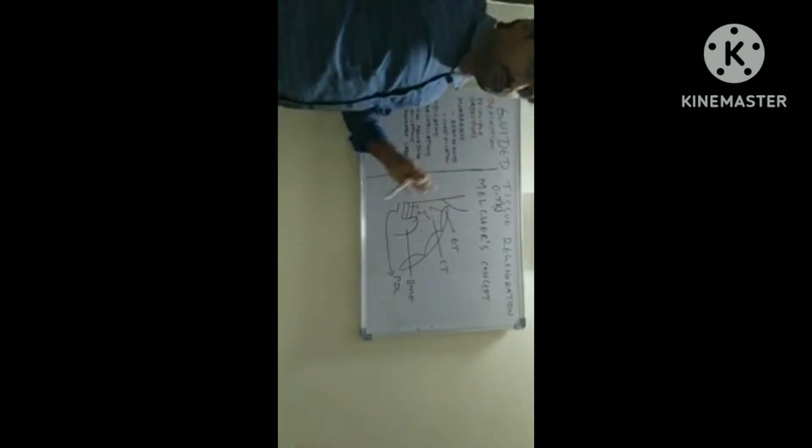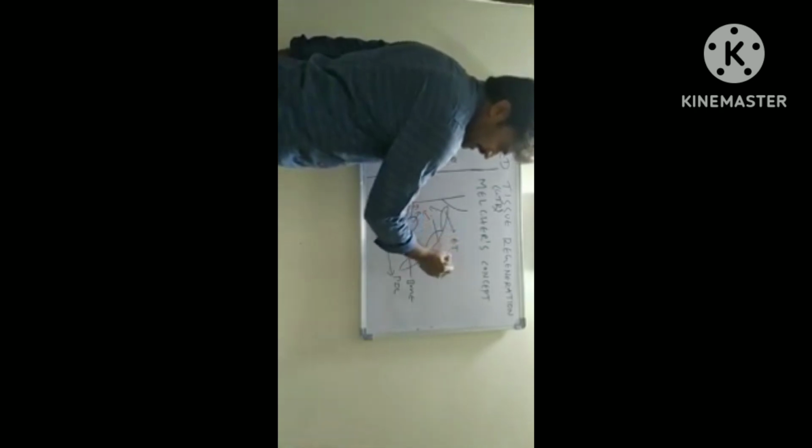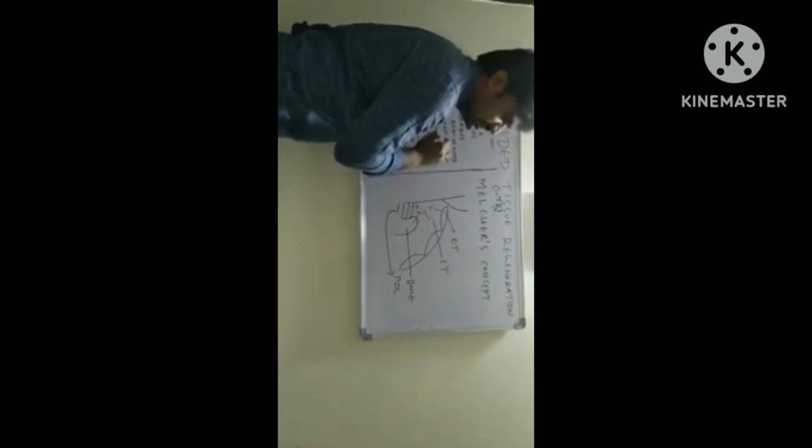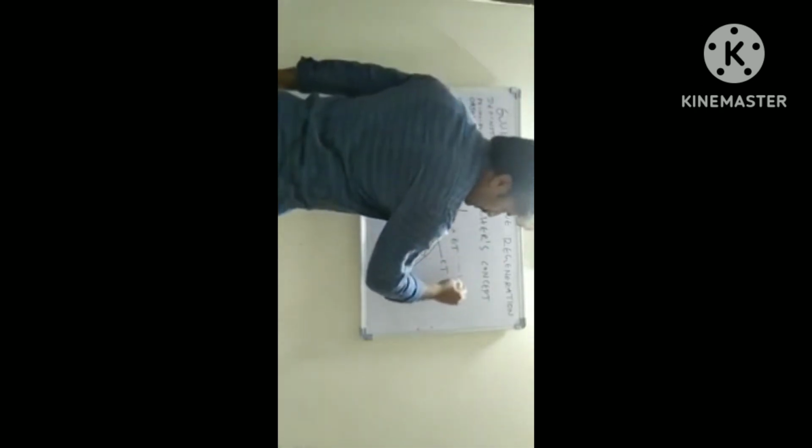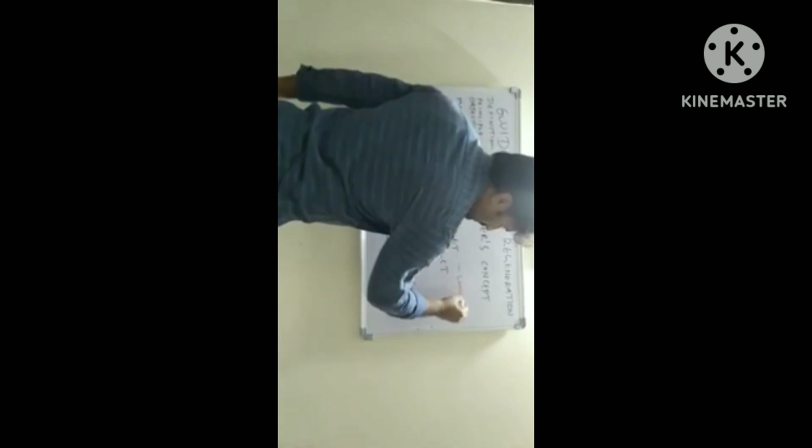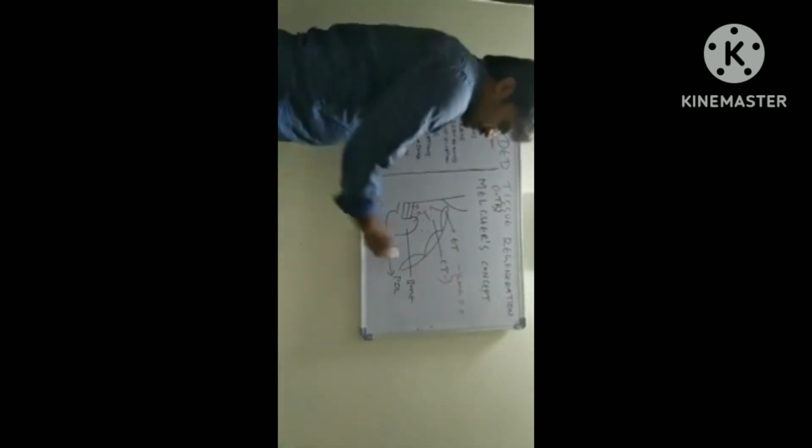There are four possibilities. So, if the gingival epithelial tissue or connective tissue repopulates this area, they will form long junctional epithelium. Okay. If bone cells reach first, then they will form ankylosis.